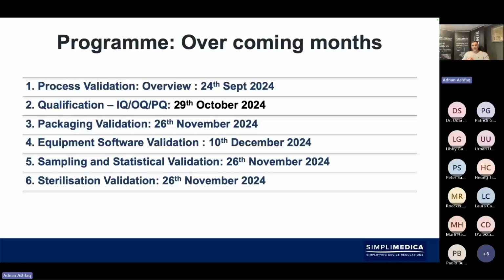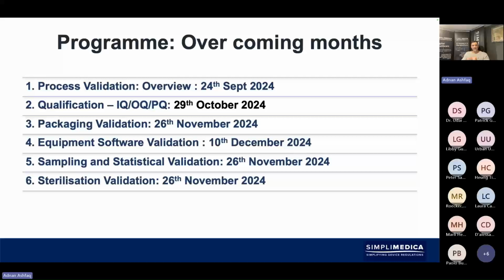So quite a lot to go through in the next session, with an aim to wrap up this validation program by the 10th of December. We will also be looking at equipment software validation in further detail. I will be talking a little bit about it in this session, but it will be focusing on general qualifications.